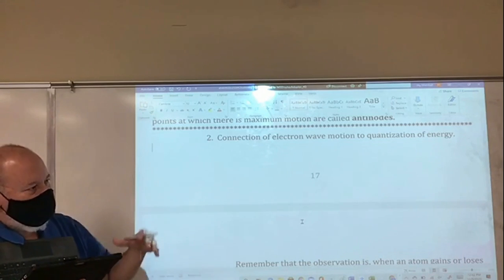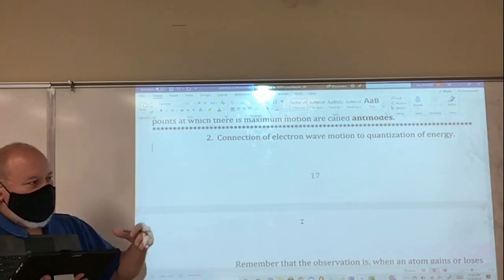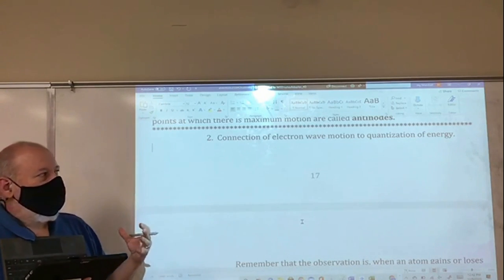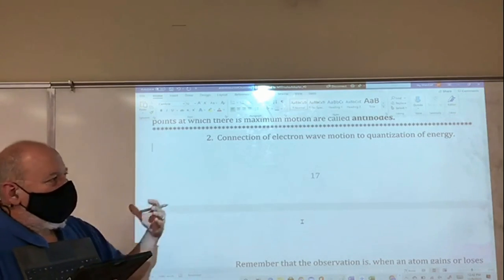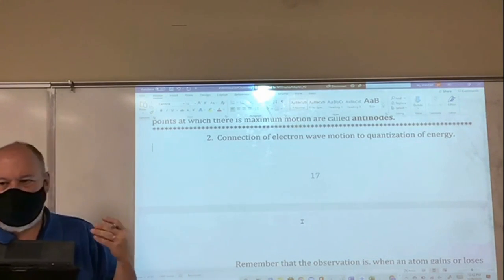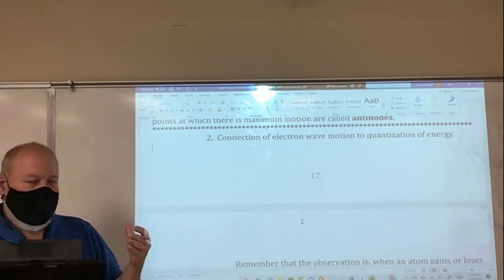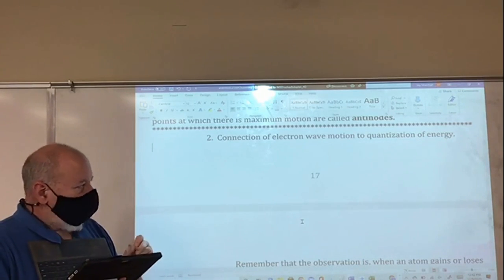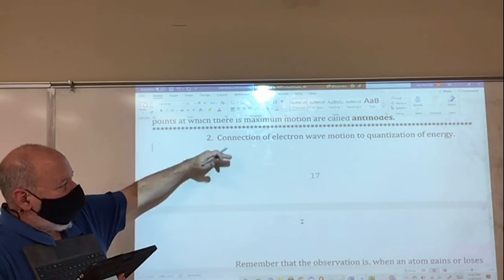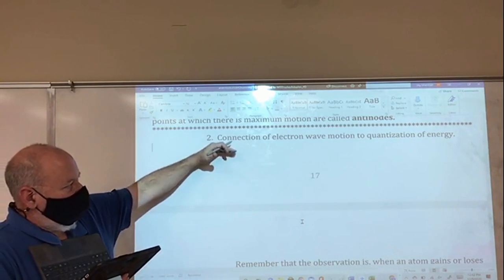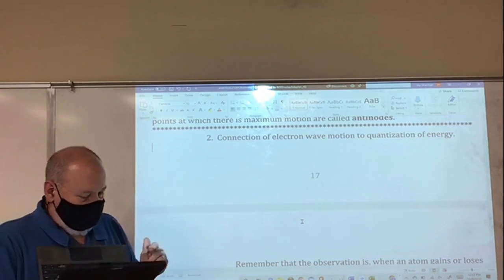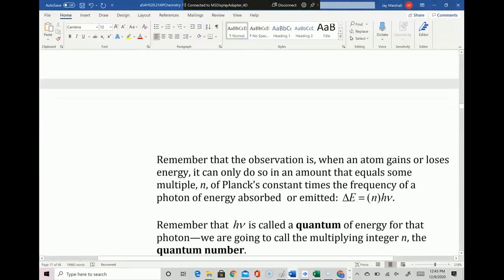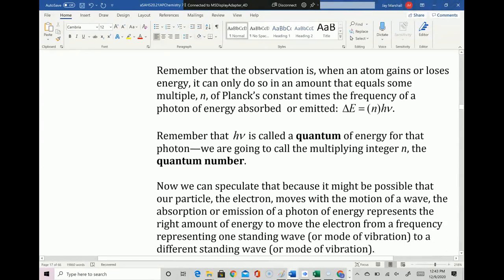And if I lose that amount of energy, if I go from this wave motion to this less complex wave motion, I'm going to release an electromagnetic wave of a certain amount of energy. And that certain amount of energy, oh, by the way, is the amount of energy between that lower energy level and that next energy level. So we're going to connect the electron wave motion to the quantization of energy.